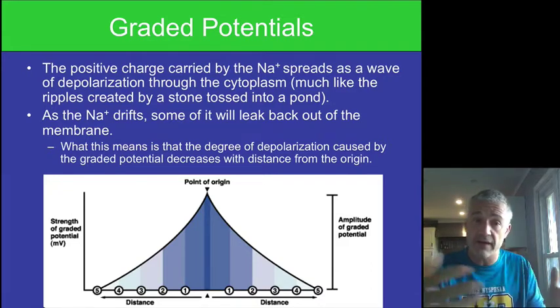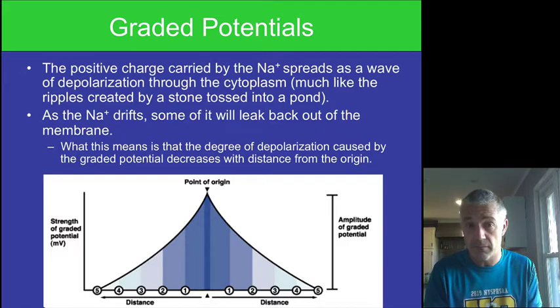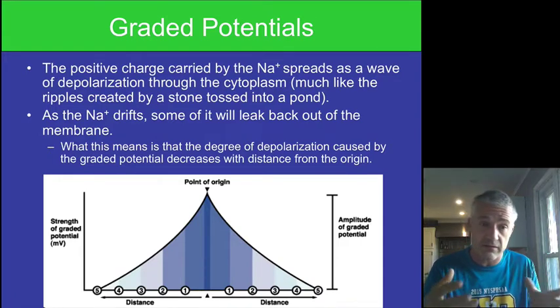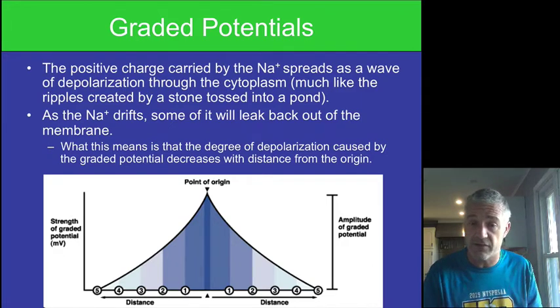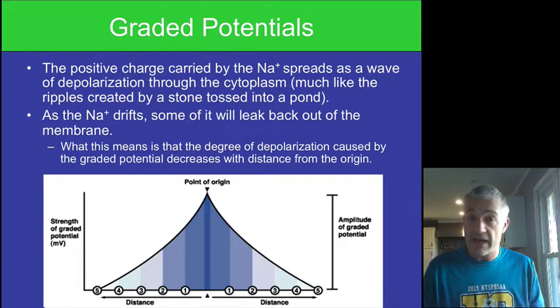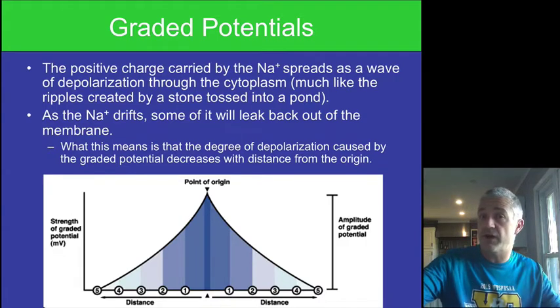But overall, that cold is going to spread out, just like this change in membrane potential, this change in the electrical potential of the cell, is going to spread out. As the sodium ions drift, they're going to get pumped back out, and as we get further and further away, it's going to become weaker and weaker. That's what a graded potential is. It's this wave of ions going in and slowly spreading out within the cell.